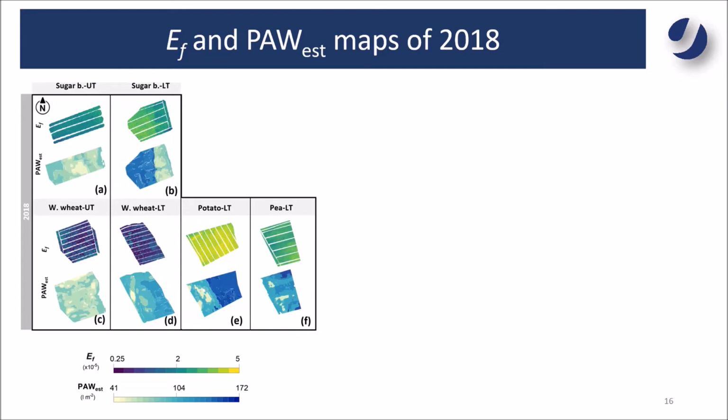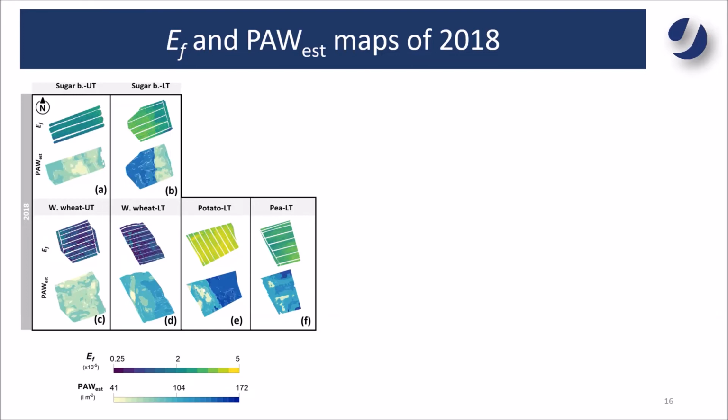Here I'm going to show you first the maps of both variables. The maps on the upper line are the fluorescence efficiency maps, and the maps below, which are polygons colored with green, yellow, and blue tones, are the plant available water ones.